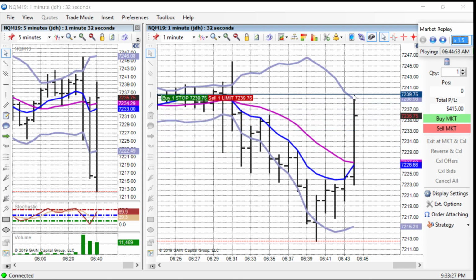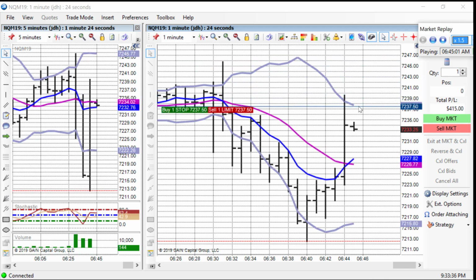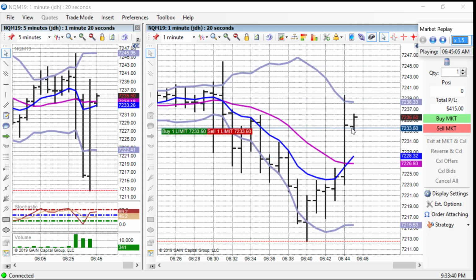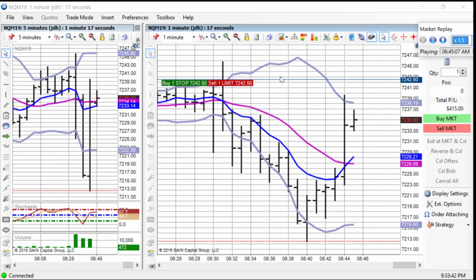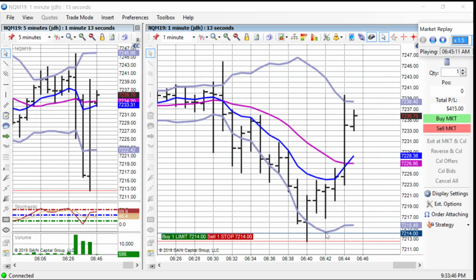Okay, so we hit a flat Bollinger Band, or it's not even flat, it's actually descending. So anytime that happens, I know we're pretty much in a trading range, so I'd want to apply trading range type rules. It's a large trading range.